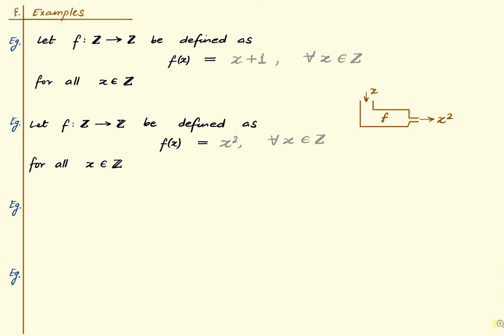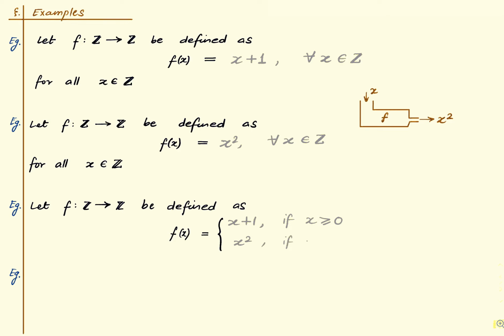And let's see another example. Again, we have a function from Z to Z, and this time we will define it in this fashion. So, okay, maybe I should be consistent with the colors. So it sends x to x plus 1 if x is a non-negative integer, and it sends x to x squared if x is a negative integer.